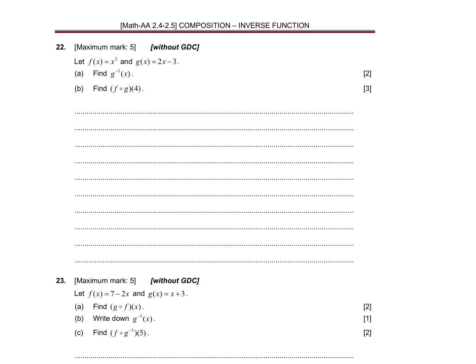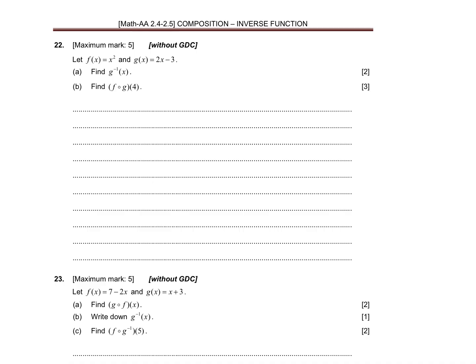Okay. All right, 22, the inverse of g, we have x equals 2y minus 3. And x plus 3 over 2 is the inverse of g. And f of g at 4. So if we substitute 4 into g, we're going to have 2 times 4, 8 minus 3, which is 5.